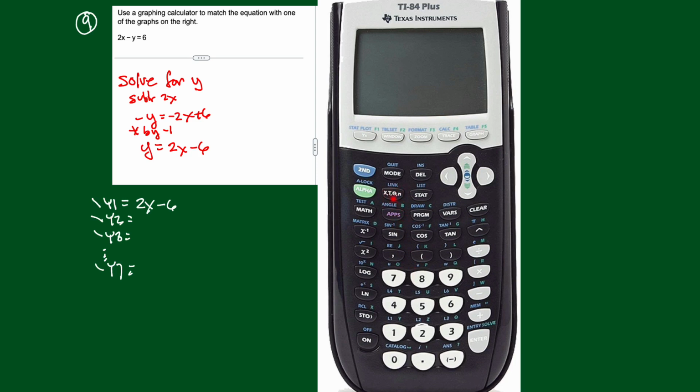So you press the 2, press the X key, and then the minus key, it's a subtraction, so it's minus right here, and then the 6. And that should give you this right here.